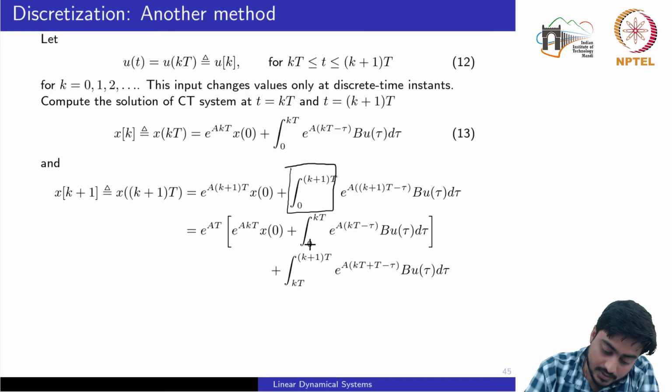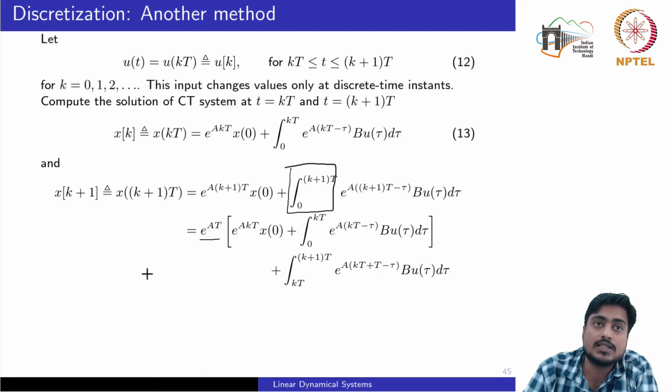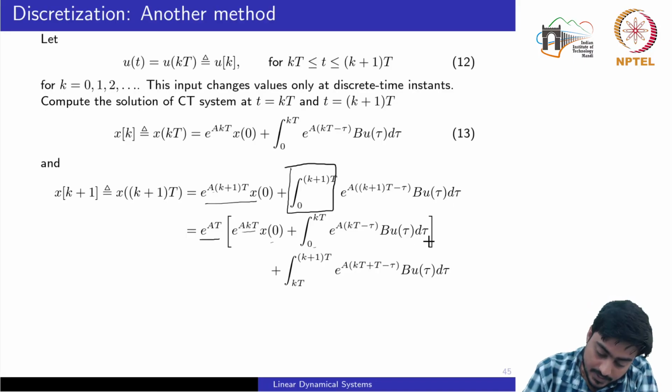From the broken integral from 0 to kT, I take the matrix exponential as a common factor, which I can write as e^(AkT), because if I take e^(At) common, the only remaining part is this one, times x0 plus this part. This part I can also take outside the integral, since it is a constant for this integral, because I am integrating over tau. And the other broken integral from kT to (k+1)T remains as it is.